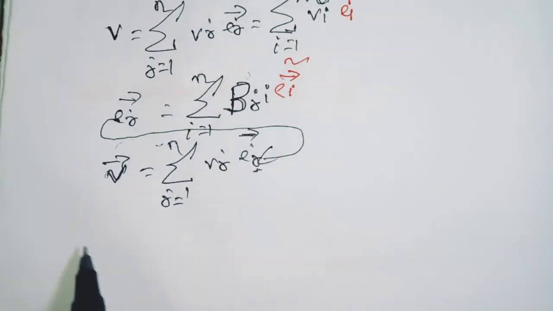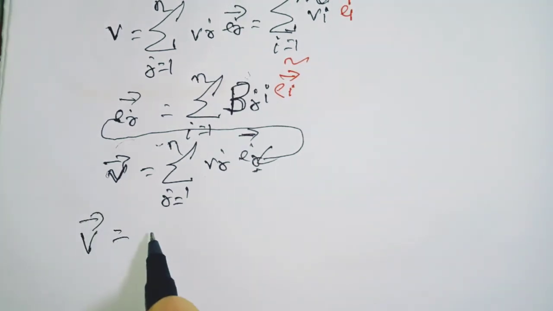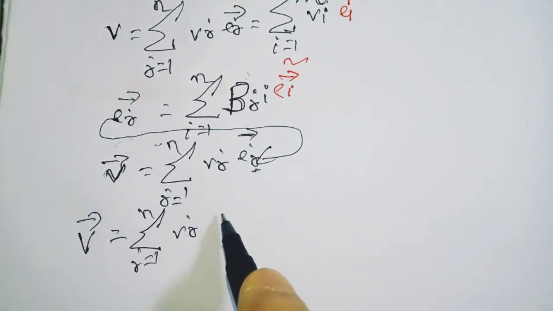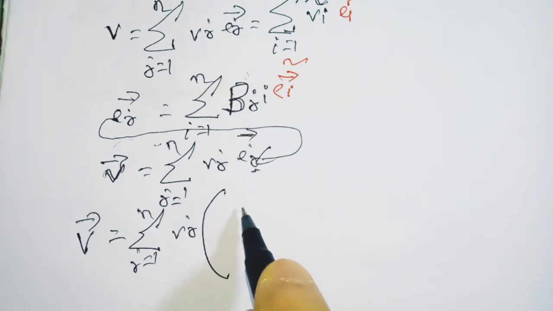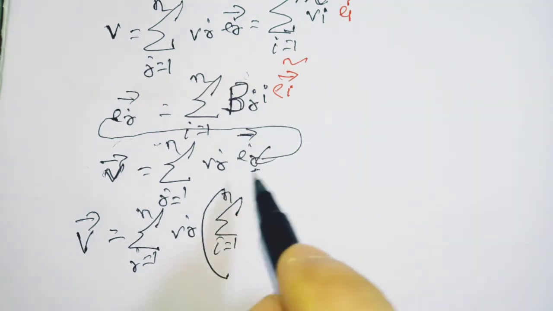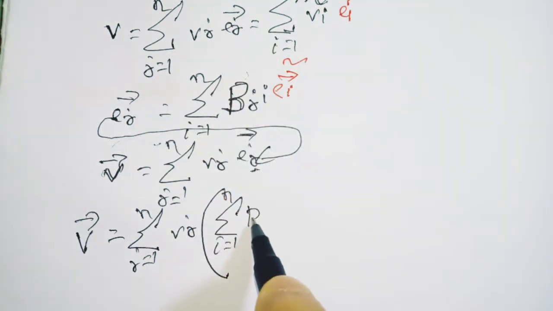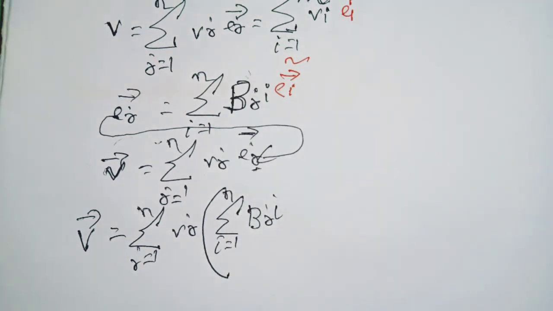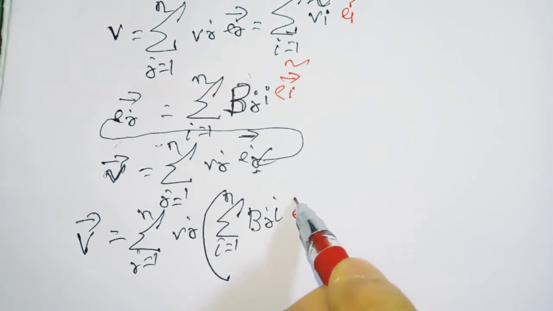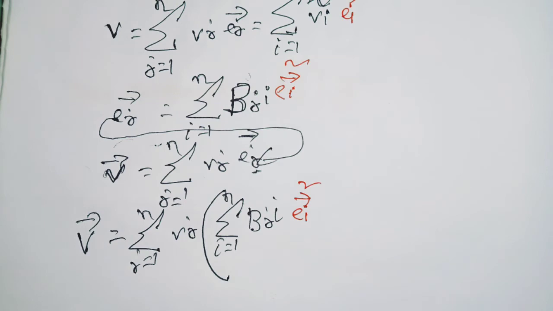So what would it look like? It would look like this. V, the old component, equals sigma of j equals 1 to n, vj, within braces, and substituting the indices, sigma of i equals 1 to n, b j i, and this time ei tilde, then I close the bracket.